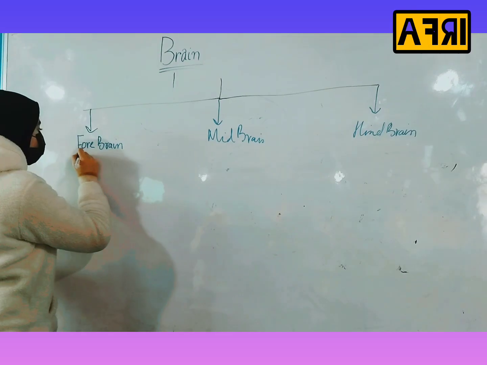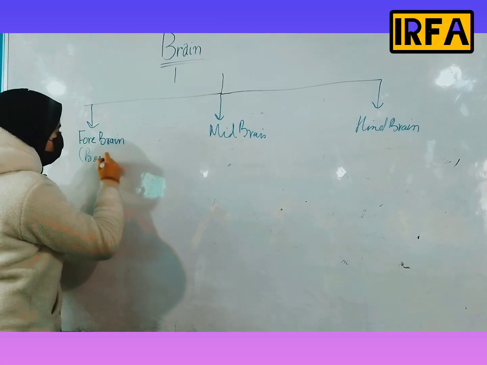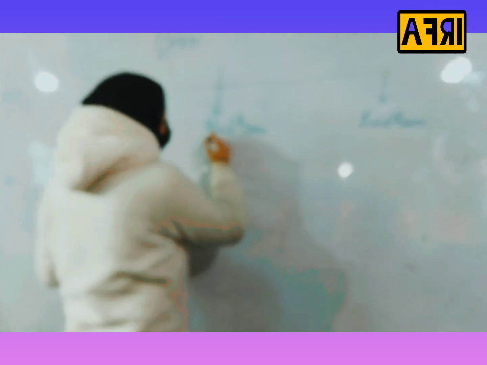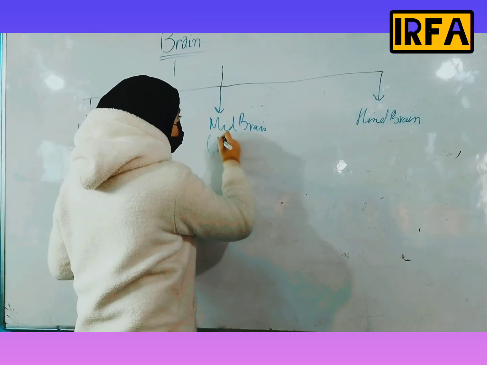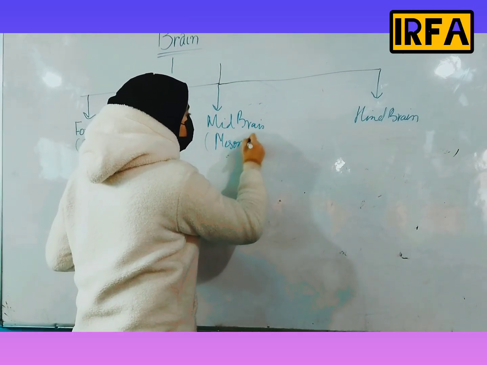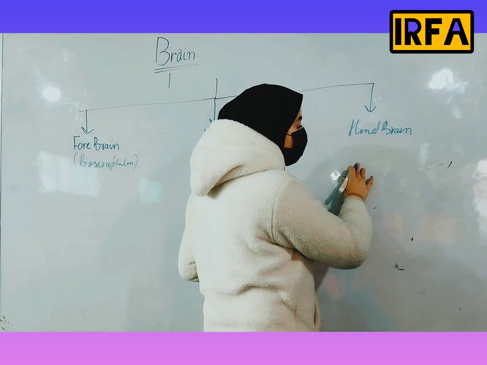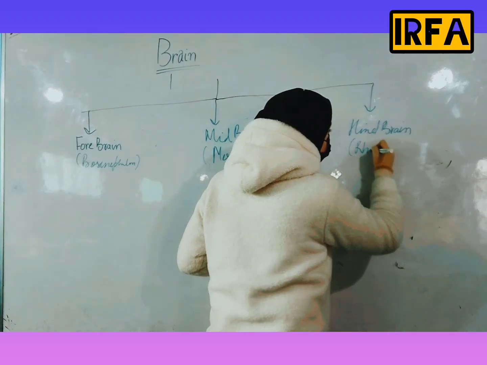Forebrain is also called prosencephalon, and midbrain is also called mesencephalon, and hindbrain is also called rhombencephalon.